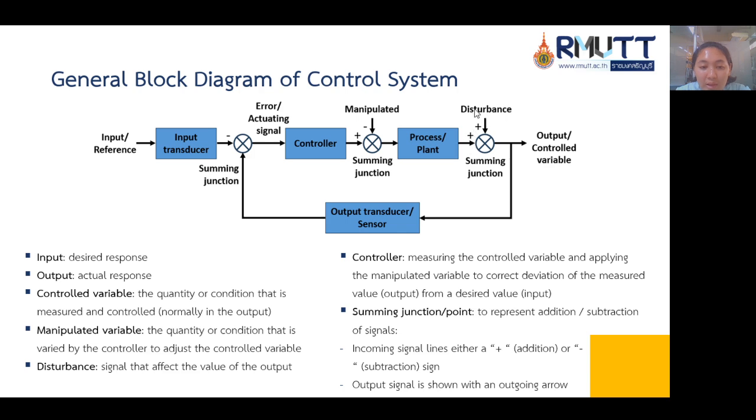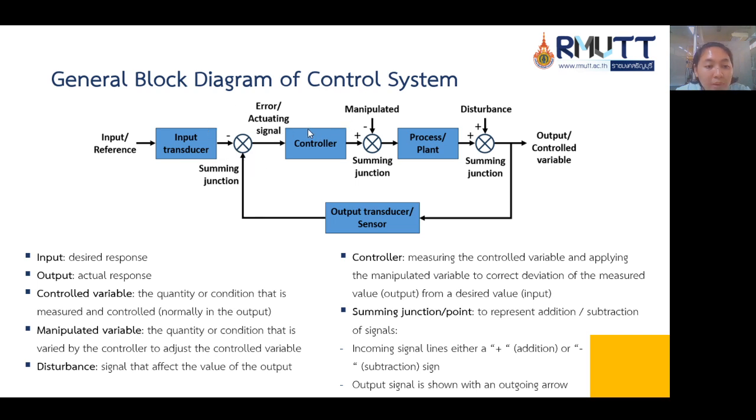This is the sum process, and then it produces an output or controlled variable. And then the output is measured with the sensor or output transducer. This is the feedback mechanism. Then it is compared to the input and produces the error.